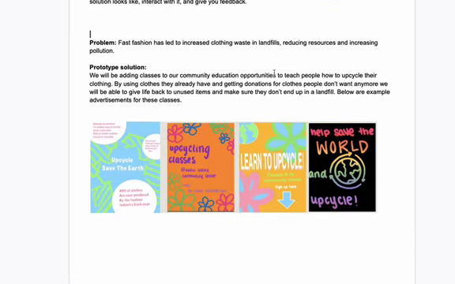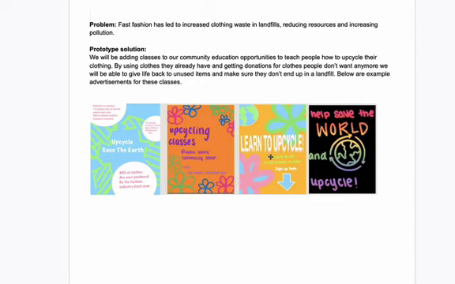So here's one that said the problem was fast fashion can lead to an increase in clothes waste. Their solution then was to provide community education classes for people to learn how to upcycle their clothing. So learn skills on how to sew themselves, to take the clothes they have that they don't wear, take other donated clothing, bring them together and upcycle. So what they have down here are potential advertisements to get people to sign up. When they were doing an interview, they could pitch their solution, and they could ask people, would these advertisements get you to sign up?